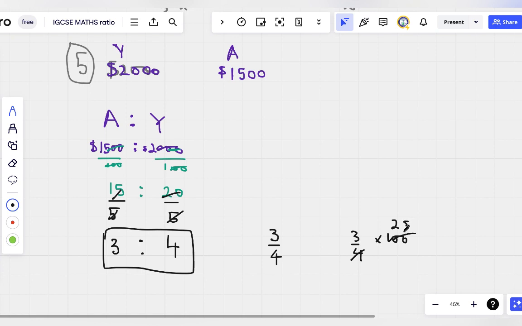So Aisha is earning 75% of what Yusuf earns. Yusuf is earning 100%. Aisha is getting 75% of what Yusuf gets. Does it make sense? Okay, so that's that for this question, 75%.